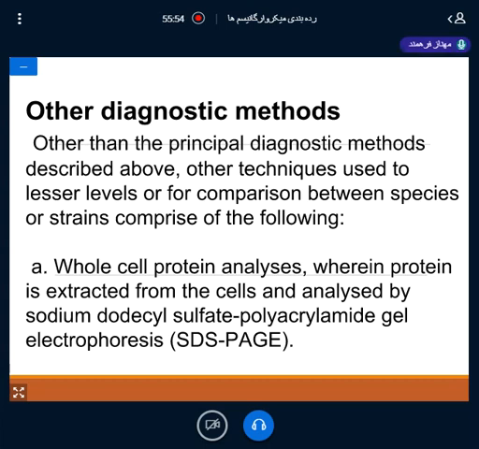When we want to extract and analyze the proteins, we must use SDS-PAGE. This is an appropriate method for analyzing the cell.